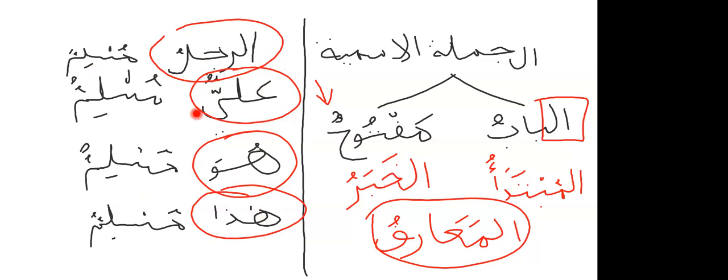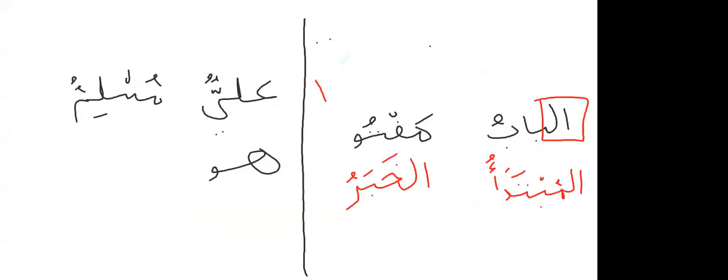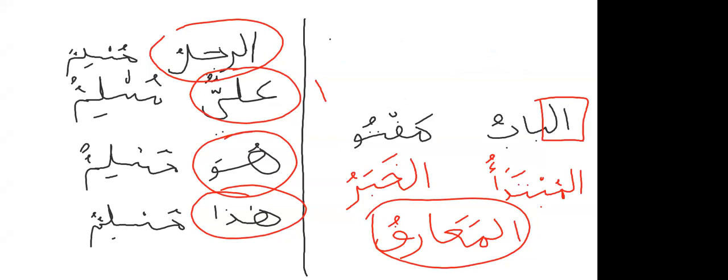So that's why they are called jumla in the first place. If it does not make a complete sense, it won't be called a jumla. For example, if I said رجل مسلم, who can translate? What's the meaning of رجل?